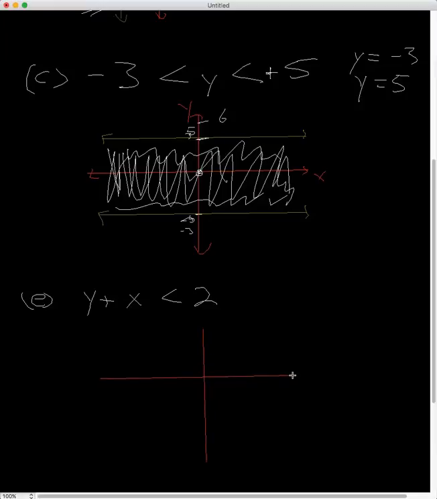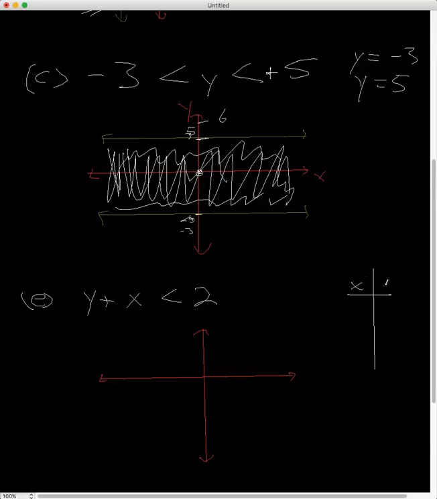So here's my xy plane. Whenever you have to draw a line, I recommend drawing a little thing here. And this side is going to be my x.